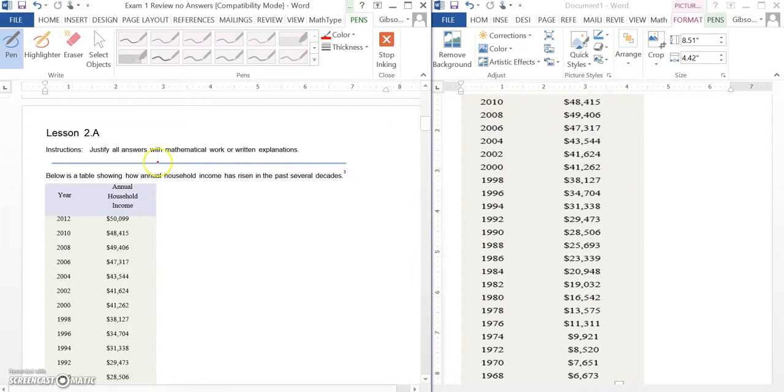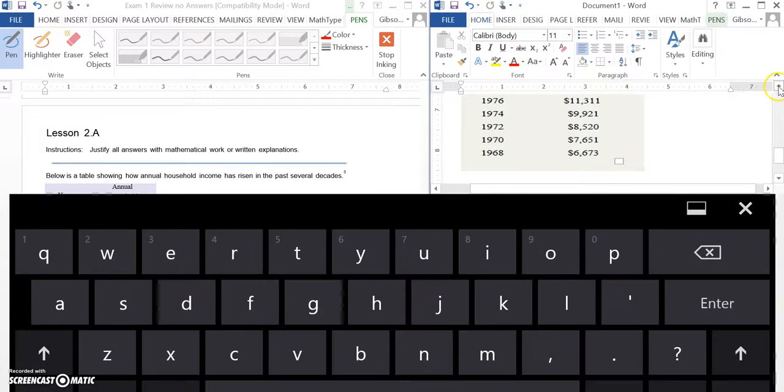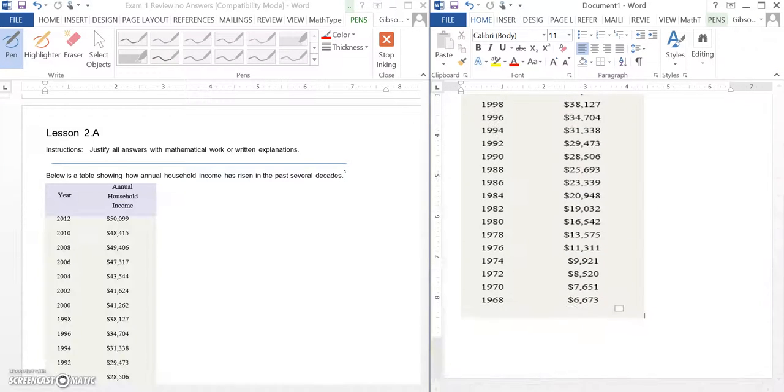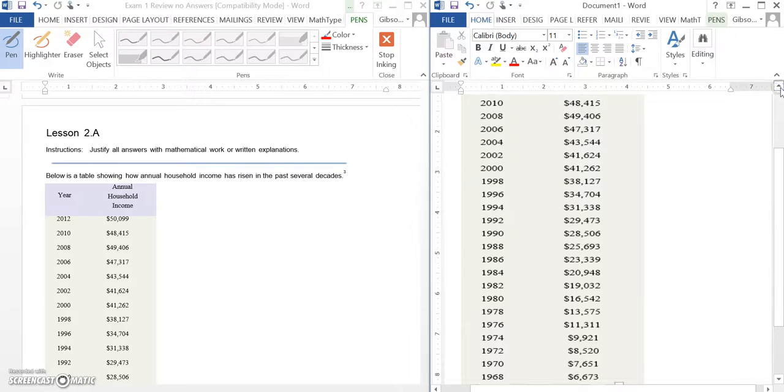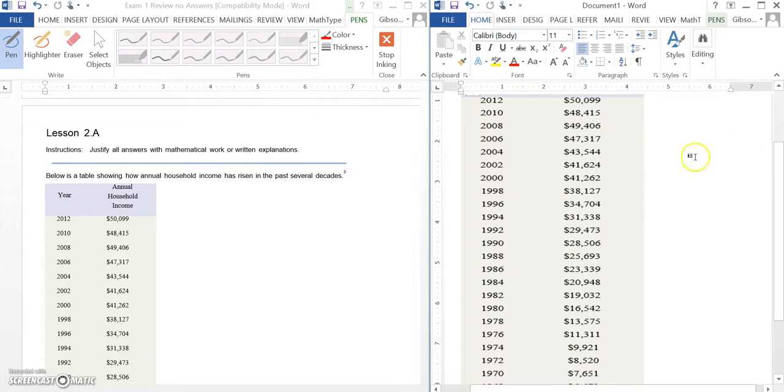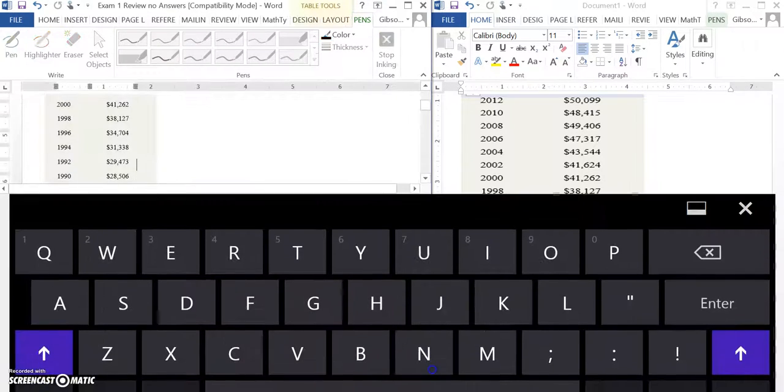Now, if you notice, I could not show the year and annual household income all at once, but as you all see, it's right here. And I did not have it for 2012. Let me see if I can get it up to 2012. Okay, it's very close. If we need 1968, we can scroll back and forth.